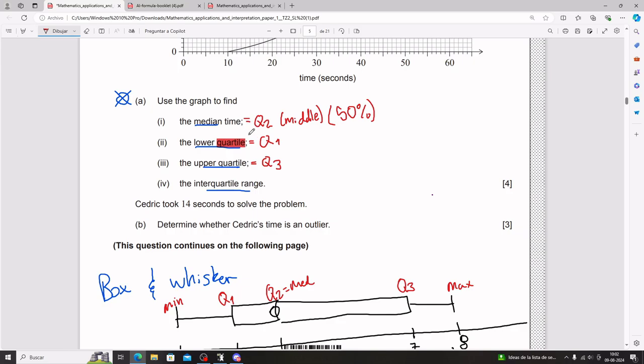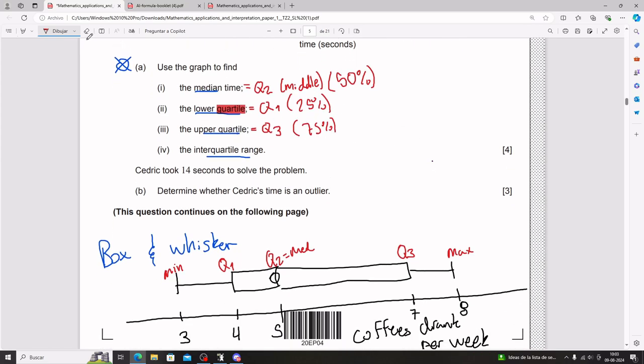You need 4 of them. So you have 4 quartiles in order to reach your maximum, because you need 4 quarts to have a whole, right? Your Q1, because it's the first one, is going to be 25% of your data. Upper quartile is going to be 75% of your data.